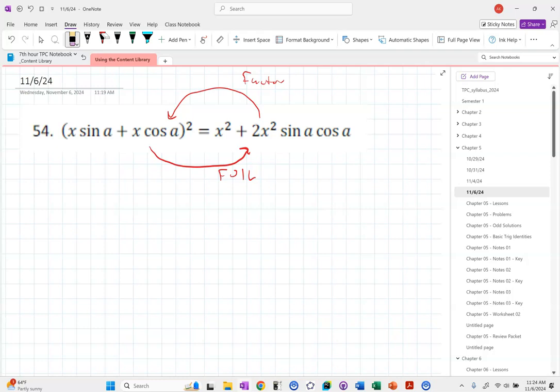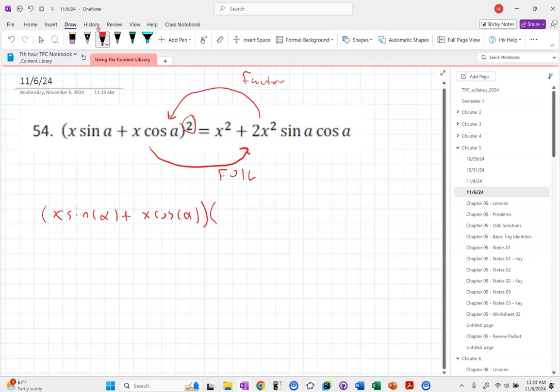So, all right. When I have a squared around a parenthesis, remember that means this is two things multiplied together, right? When I have a squared around a set of parentheses, it means I have the two sets of parentheses multiplied together.